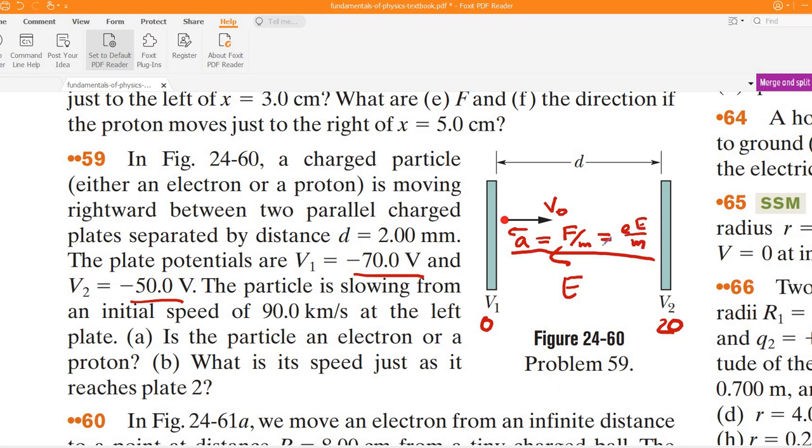So in order for it to be slowing down, the acceleration has to be toward the left, and that means along the electric field. The force and acceleration will be along the electric field. If the charge itself is positive, that means it has to be a proton. So that's the first answer, right?